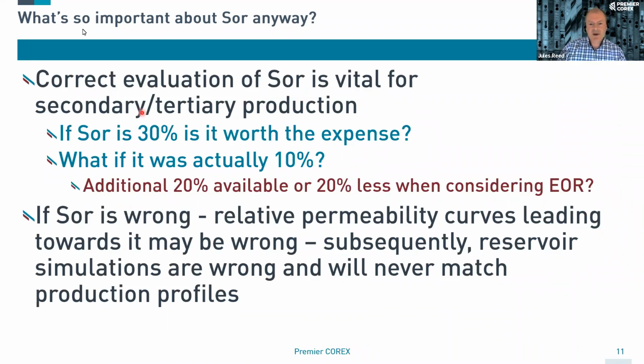So correct evaluation of SOR is vital for understanding the overall secondary or tertiary production. If our residuals from the laboratory are saying 30, that's a completely different story than if they were saying it's actually more towards 10.